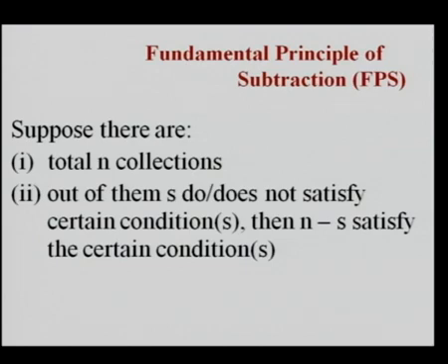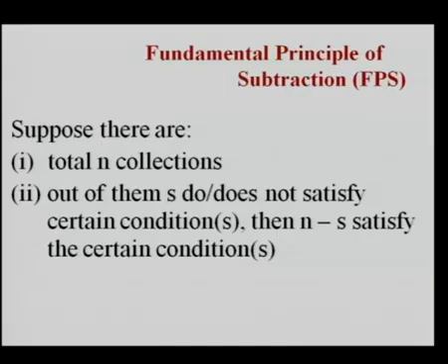And the last principle that we are going to discuss in this session is the fundamental principle of subtraction. This principle says that we have some collection, and out of the total number, if we remove those which satisfy some condition, then the remaining outcomes are those which do not satisfy that condition.